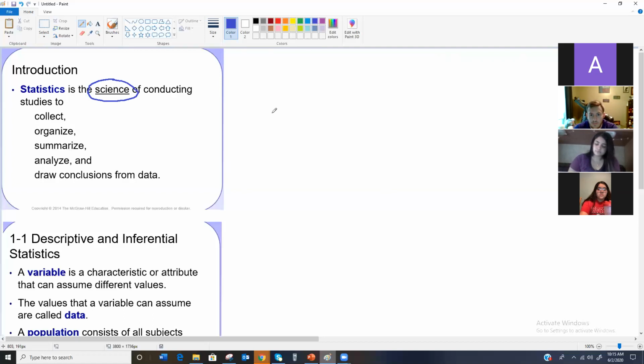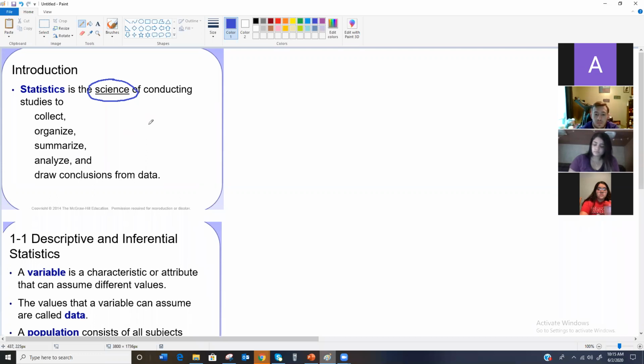The reason is because statistics is kind of a strange overlap between mathematics and science. It has a lot of things in common with science. If you look at this collect, organize, summarize, analyze, draw conclusions, that sounds like something you would do during a scientific experiment, kind of. So there's an overlap between the two.